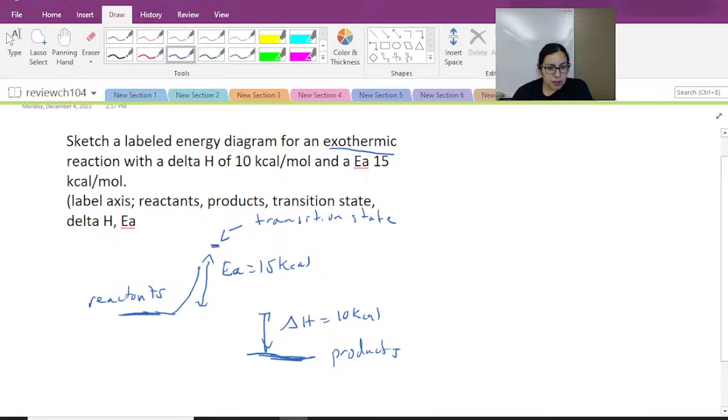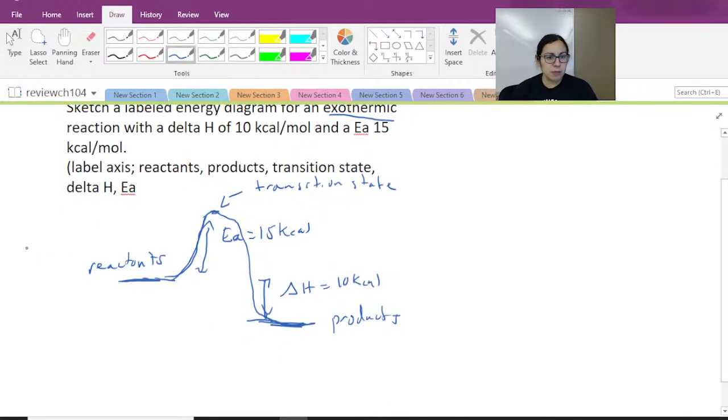And connect the dots now. Reactants go up to our transition state with our activation energy, and then back down to our products. In this case it was exothermic, so it was lower. But pay attention for your exam, I might give you endothermic. Who knows what will happen.